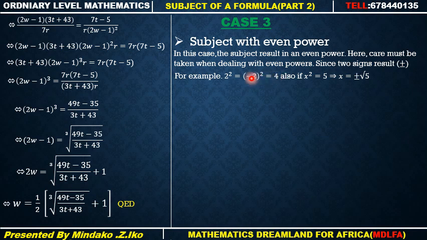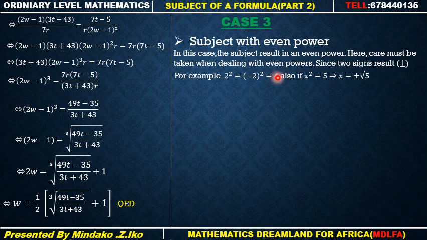But in the case of cube, 2 cubed means 2 times 2 times 2, and negative 2 cubed means negative 2 times negative 2 times negative 2. Two of the negatives combine to form a positive, but one negative is still left, which is multiplied by the positive to still give a negative number. So if this was cube, here I will have negative 8 instead, not just 8.